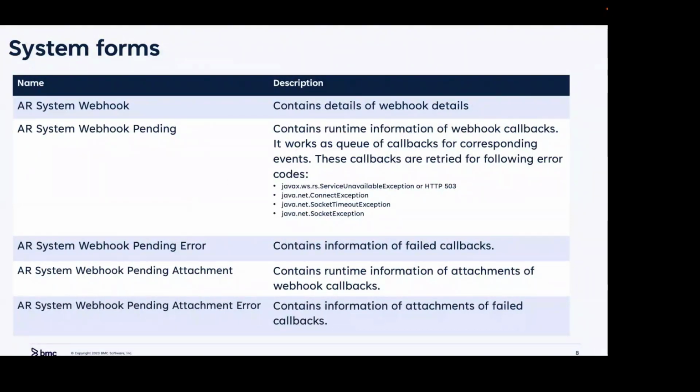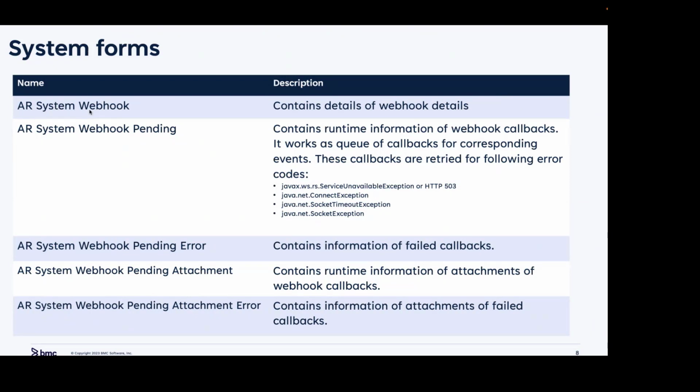This is a kind of recap of what system forms we use while processing the webhook. This is the system webhook form, which contains the definition of the webhook. For each entry in this form, we will have an associated filter. That filter gets triggered whenever the qualification defined in the webhook definition is met.